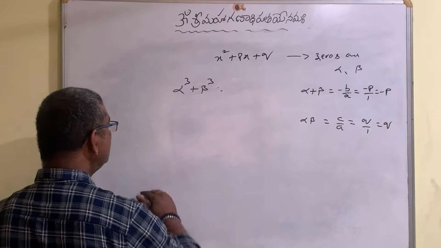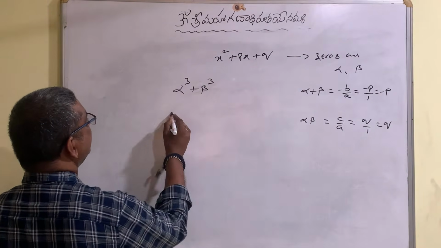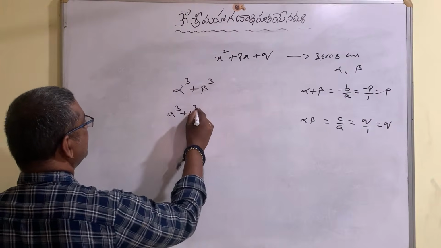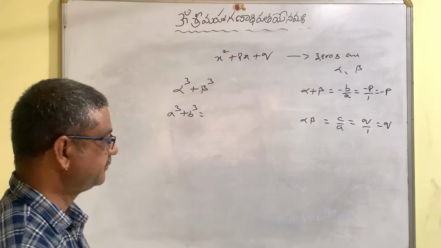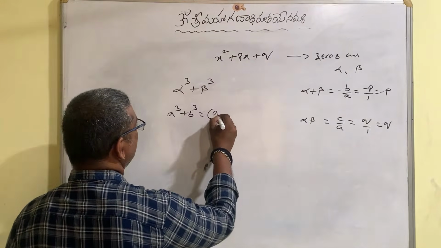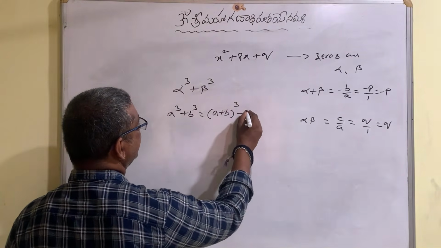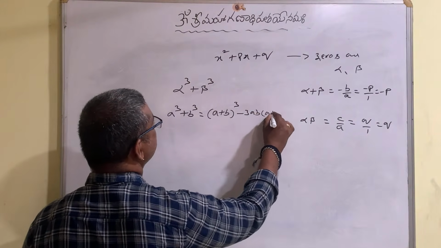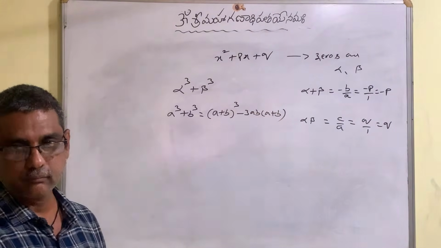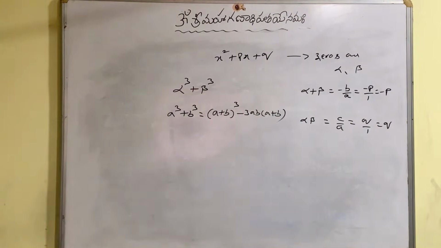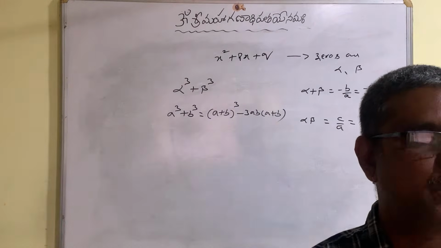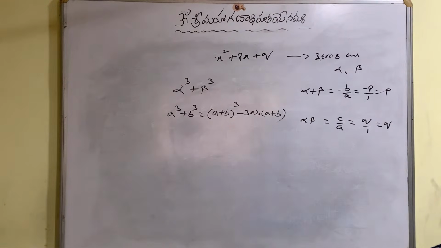Again, we have a formula that a cube plus b cube is equal to a plus b whole cube minus 3ab into a plus b.